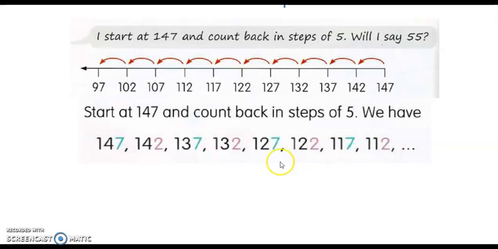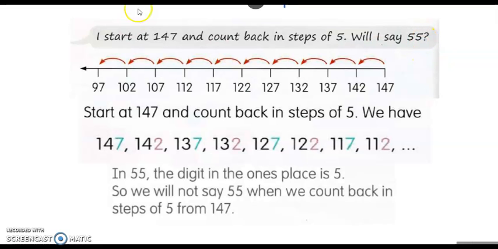So in 55, the digit in the ones place is 5, so we will not say 55 when we count back in steps of 5 when we start from 147. I hope this is clear for you guys.